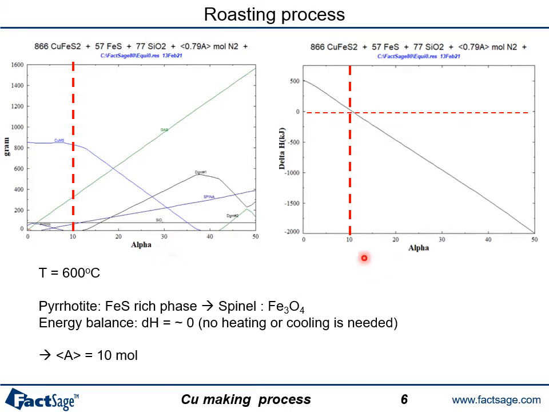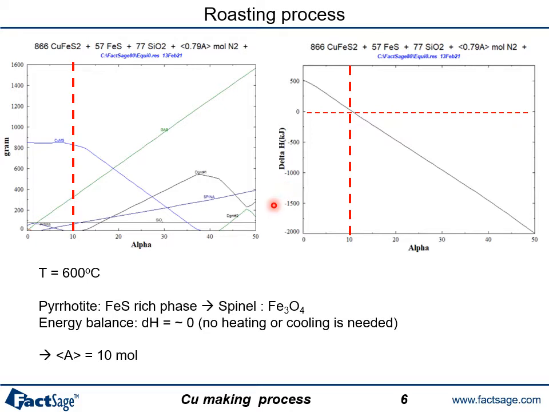Okay, and now if you look at the right side of this diagram, this shows you the energy balance. As I showed you before, we use the initial condition for the initial minerals and the air at 25 degrees Celsius. So this delta H is the energy difference between the initial condition and the final condition at 600 degrees Celsius.